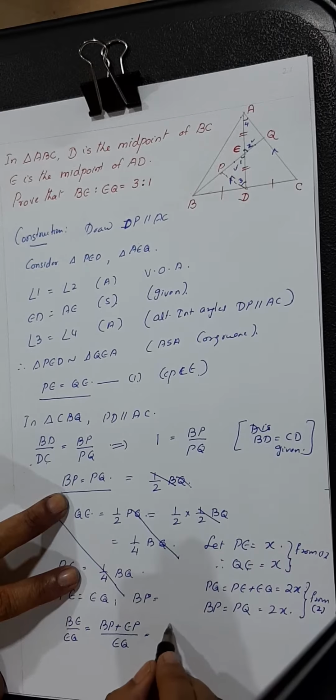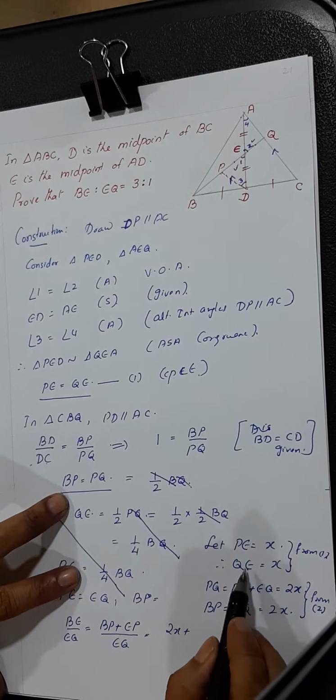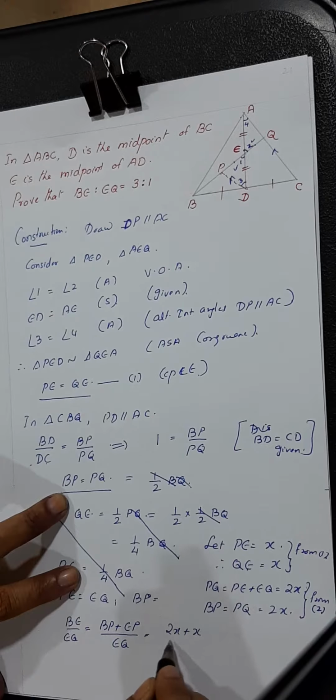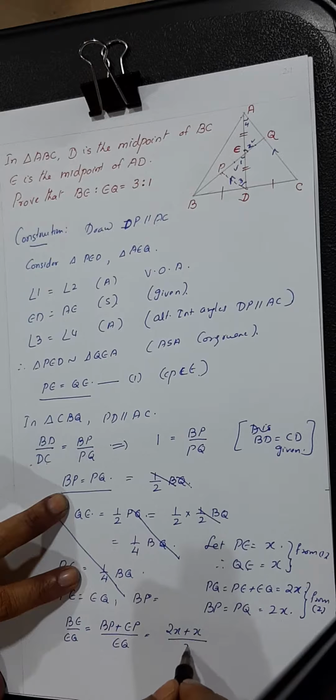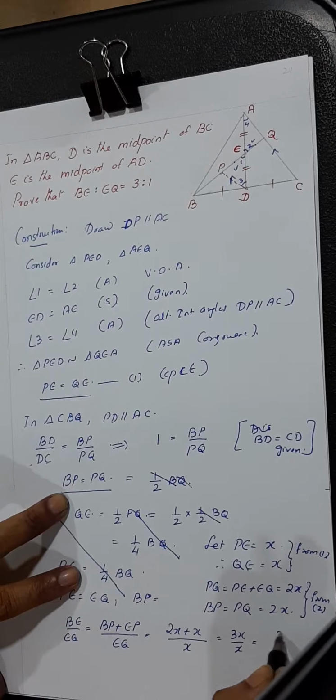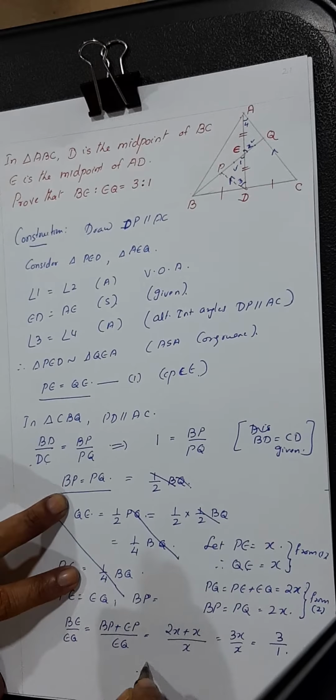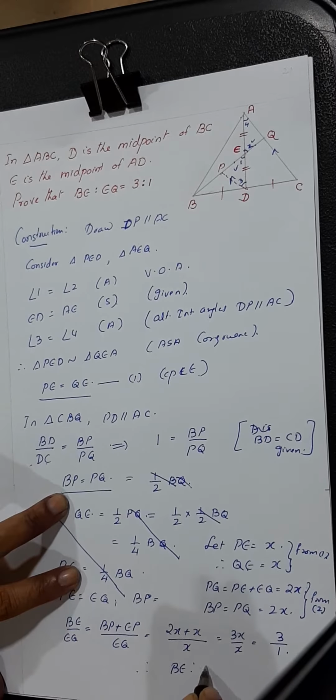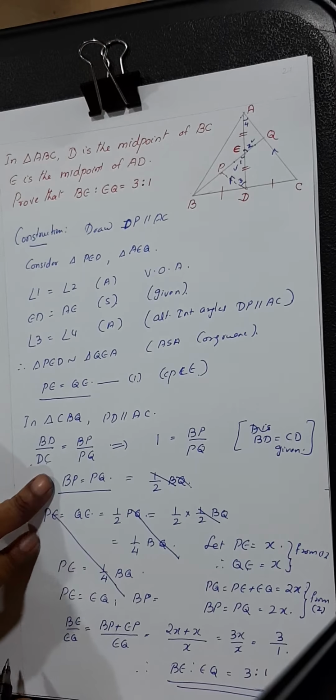So BP is 2x, PE is x, by EQ is x. So this is 3x by x, that is equal to 3 by 1. Therefore BE is to EQ is equal to 3 is to 1.